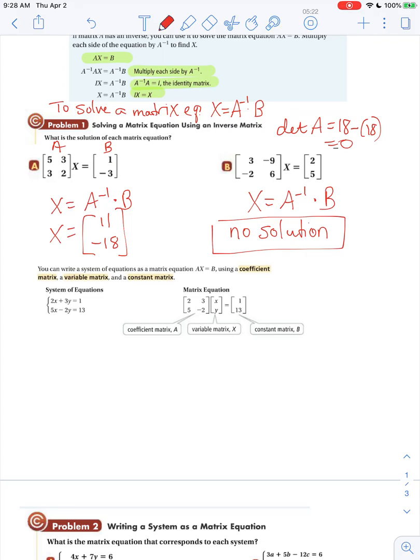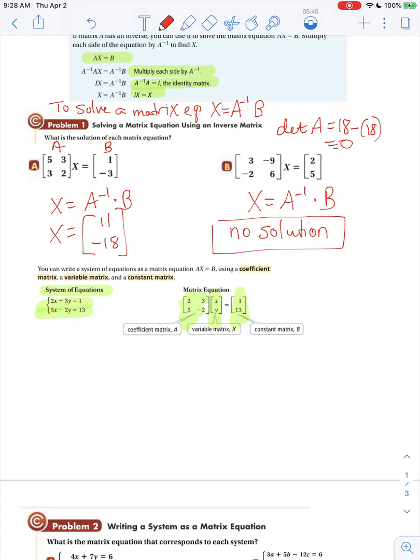So if I have the system over here, 2x plus 3y equals 1, 5x minus 2y equals 13. All right, here's the coefficient matrix. You just list the coefficients: 2, 3, 5, negative 2. The variables are x, y, and the constant matrix is 1, 13.